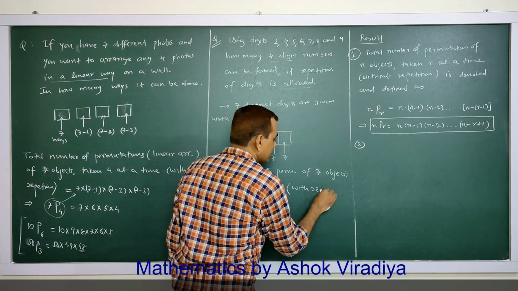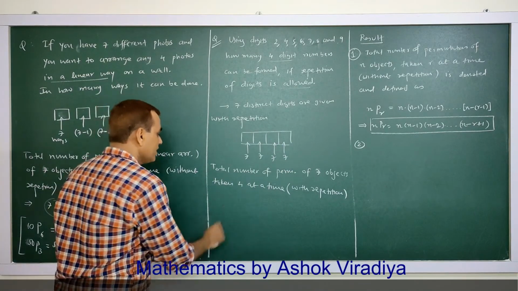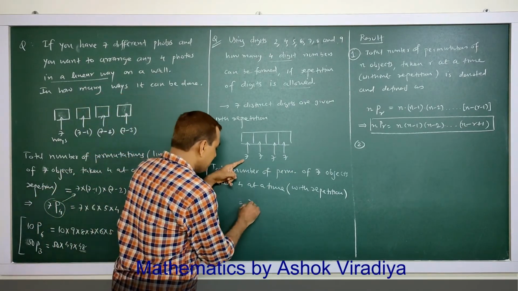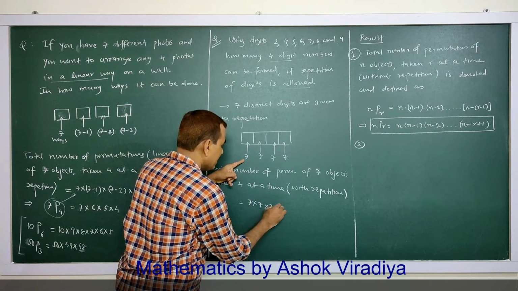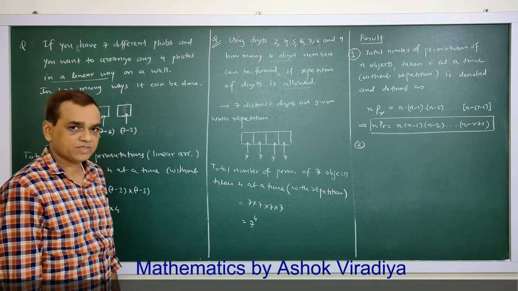With repetition, it is equal to 7 into 7 into 7 into 7, that is 7 raised to 4.